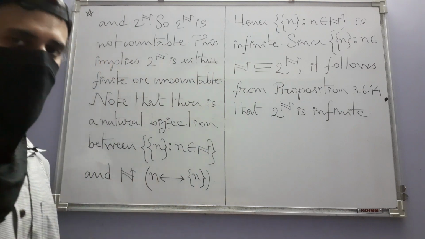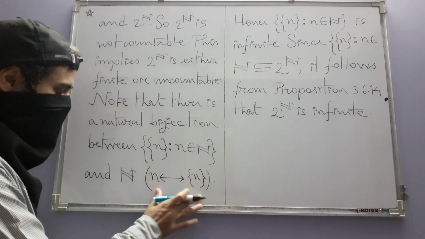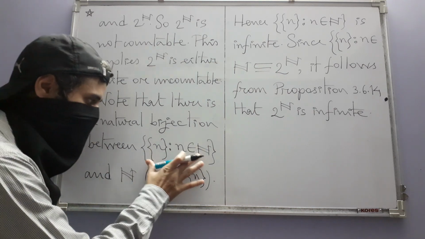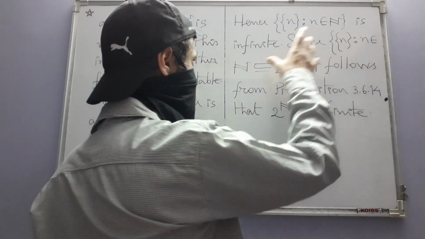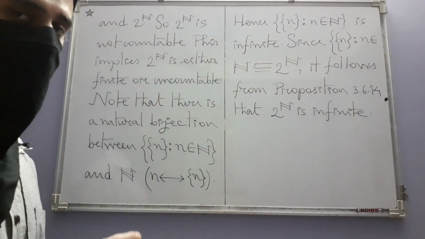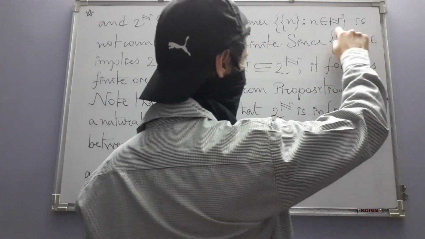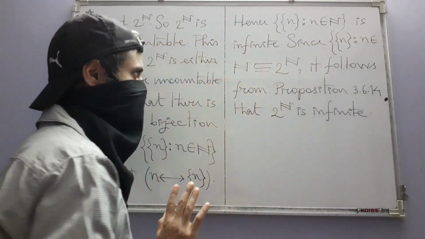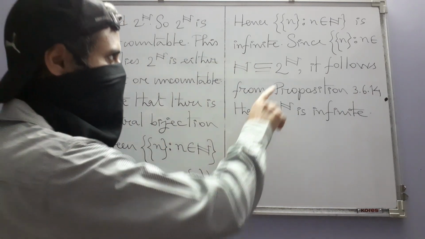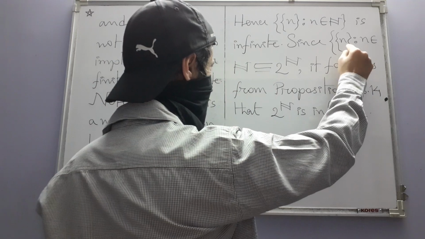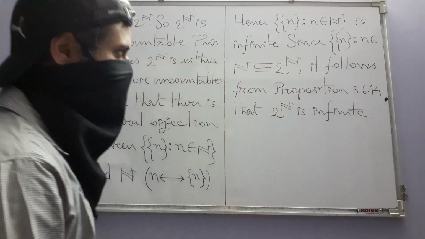Well, but how? We understand here that because of this bijection between this set and N, this is an infinite set. And we also understand that this is a subset of the power set of N. By the way, why is that so? That's because every element in this set is a subset of N, a singleton subset, but a subset all the same. So every such singleton set is an element in this. So that's why this is a subset of this.